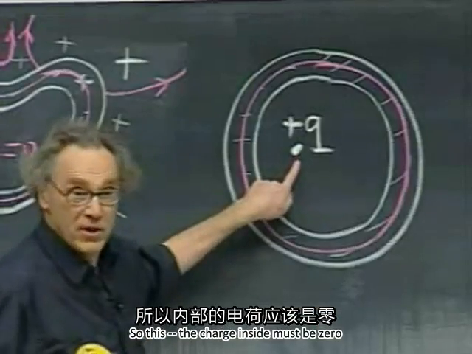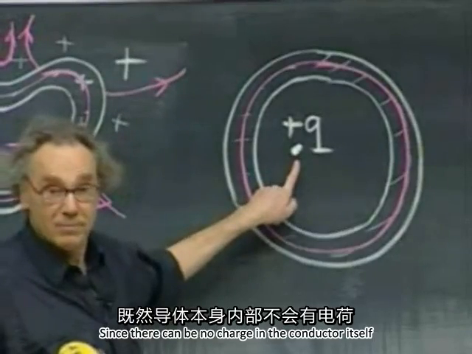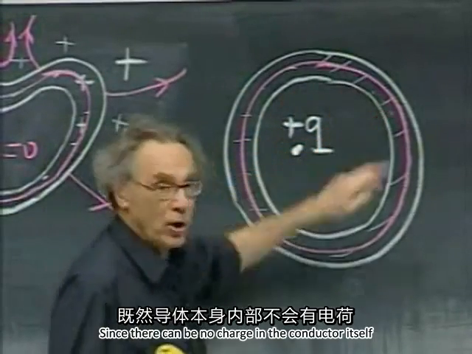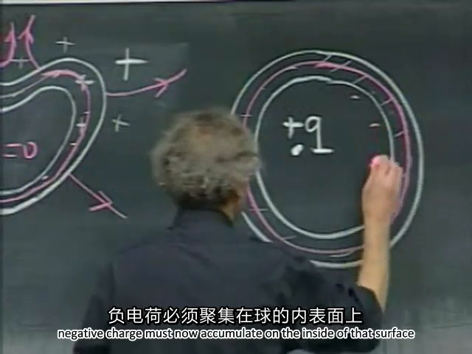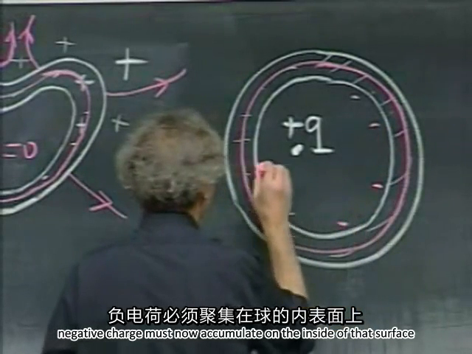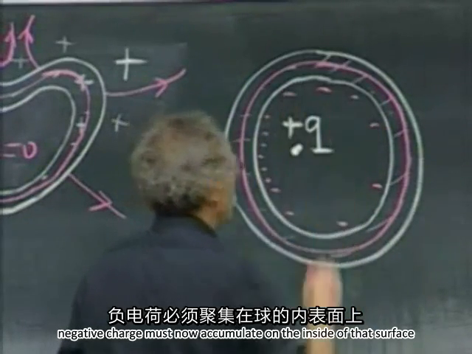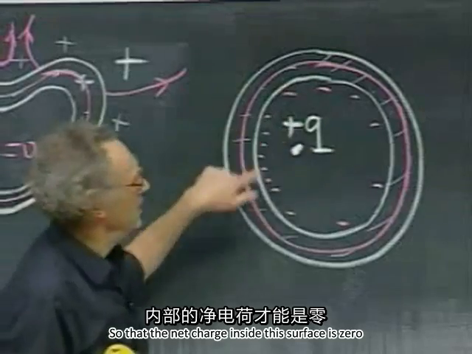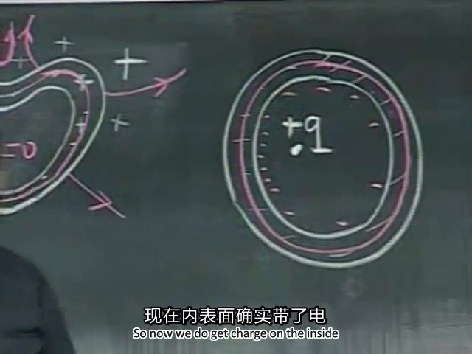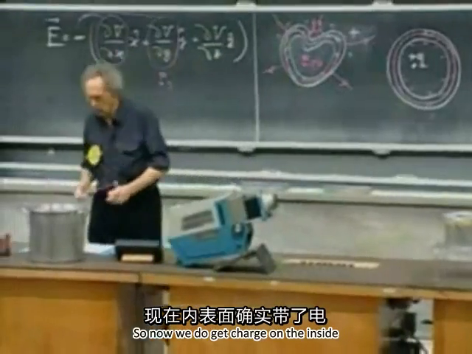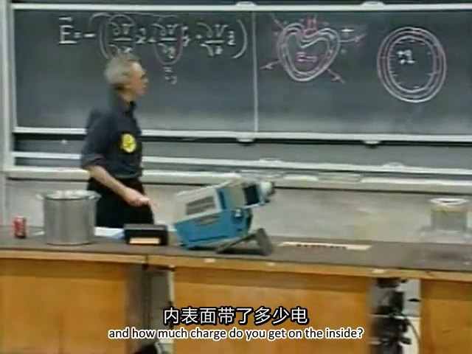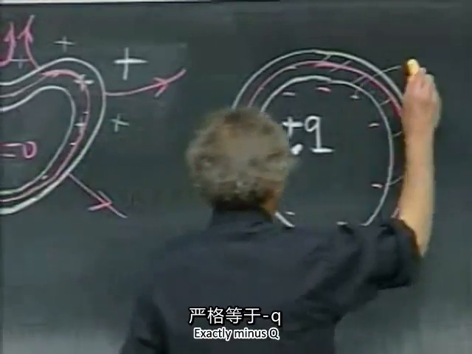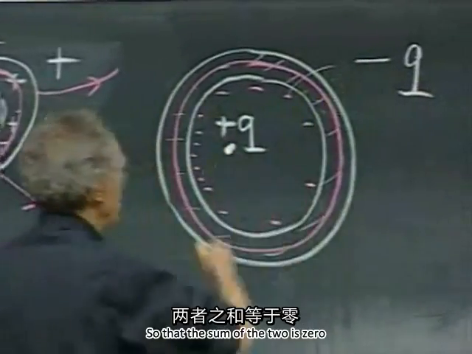So the charge inside must be zero. Since there can be no charge in the conductor itself, negative charge must now accumulate on the inside of that surface. So that the net charge inside this surface is zero. So now we do get charge on the inside. And how much charge do you get on the inside? Exactly minus Q. So that the sum of the two is zero.